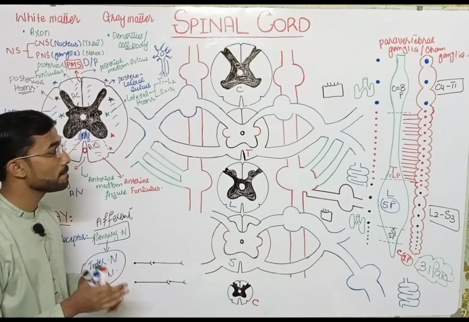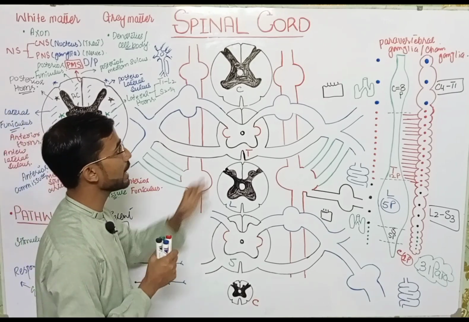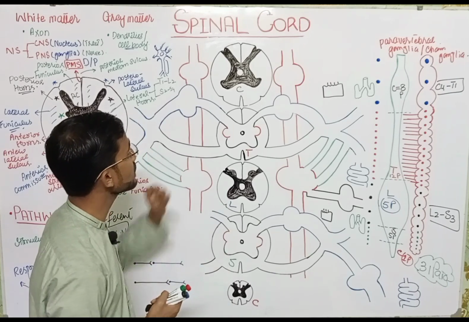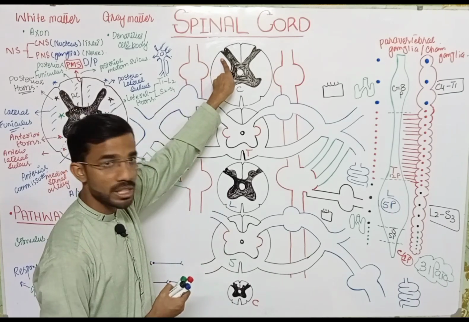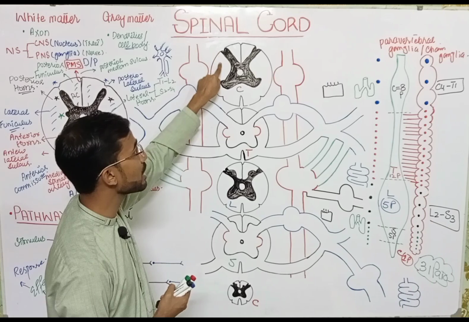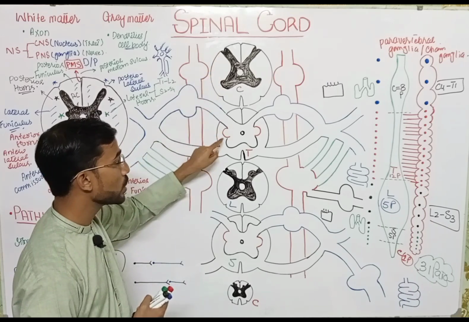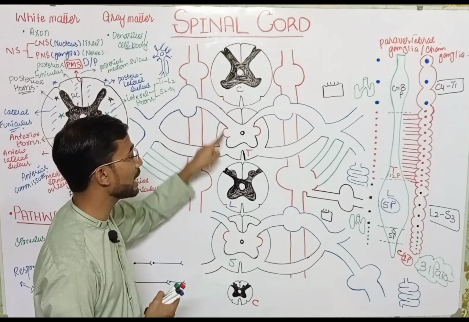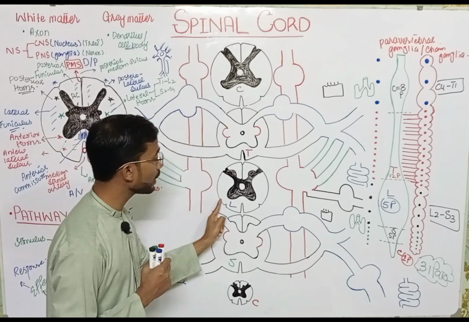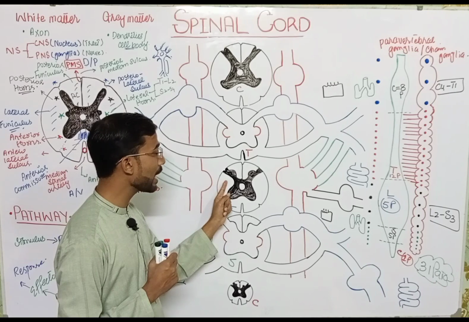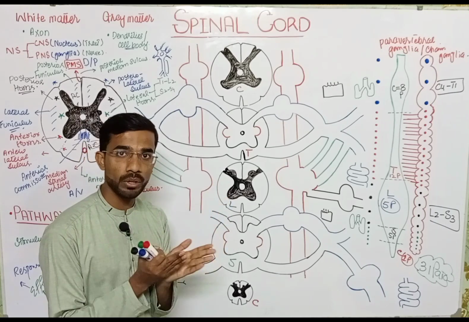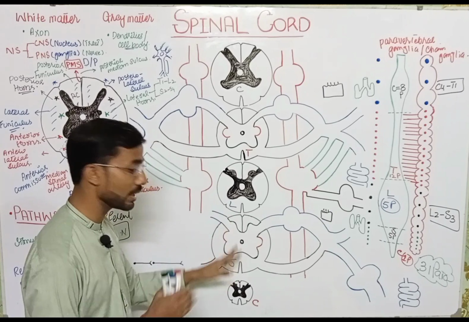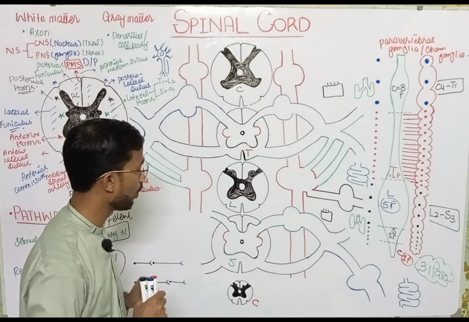Now, there are different variations in all sections. The posterior horns of the cervical and thoracic sections are thin. In the lumbar section they are somewhat rounded in shape, and at the last you will see the posterior horns are thick.